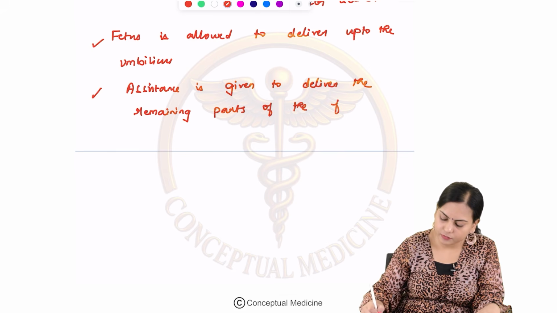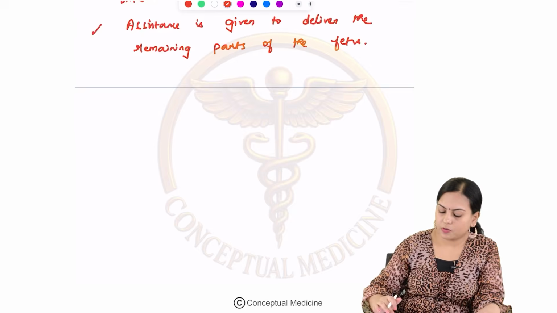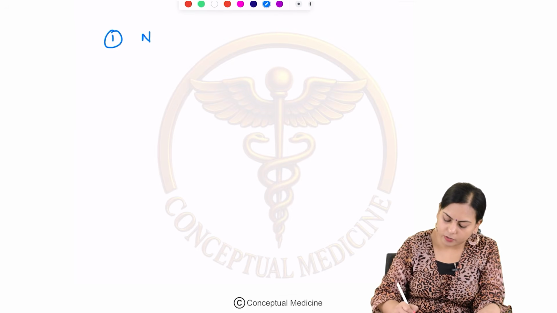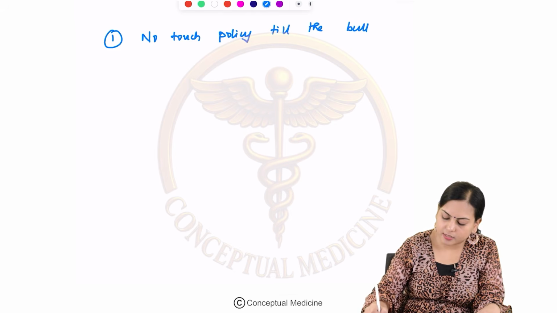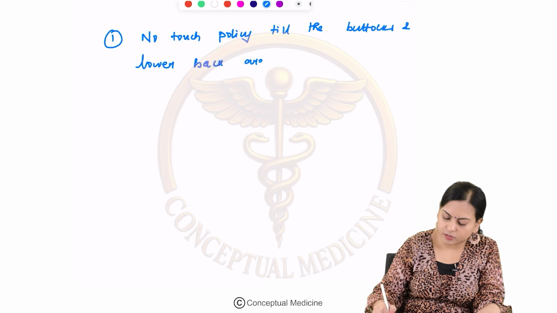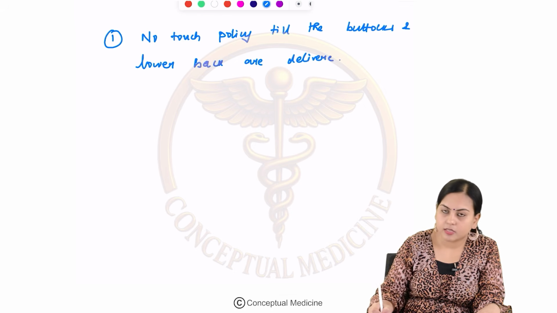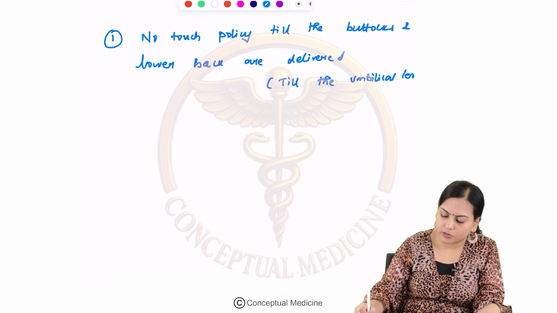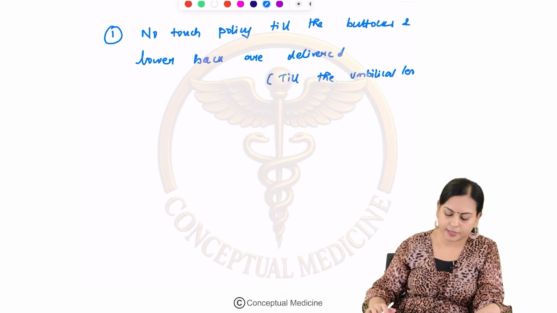Clear? Yes. So, ideally we are having a no touch policy till the buttocks and lower back are delivered. Okay. Even till the umbilical level. Till the umbilical level there is going to be a no touch policy. That is, you are not going to even touch the baby. Clear?